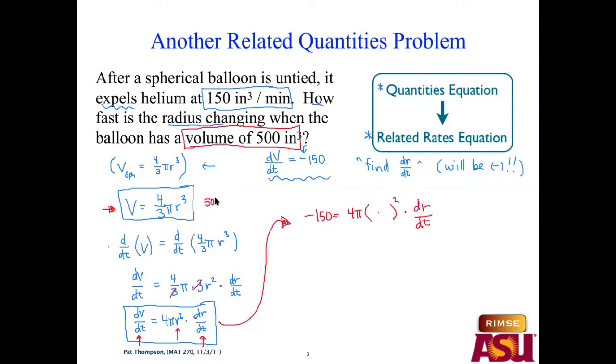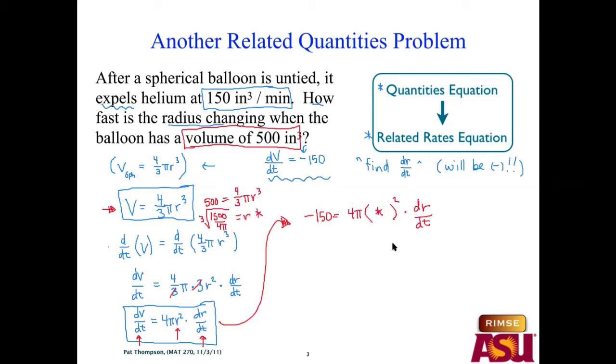If the volume is 500 cubic inches, I certainly have a way to solve for the radius. It's just not a nice number. What, 500 times 3/4, so 1500 over 4, divided by pi, and take the cube root to get r, just fun with algebra. That would go in here.